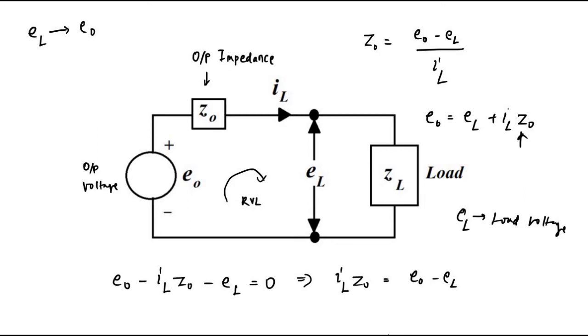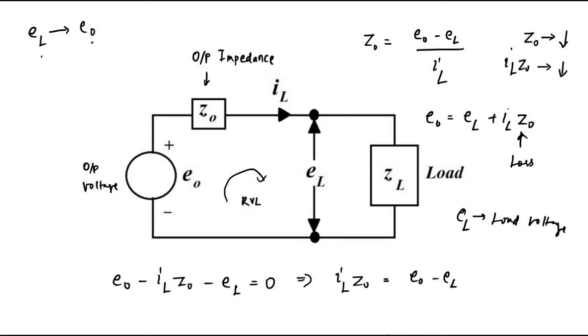This causes some loss, because of which the load voltage is different from the output voltage. So we have to minimize this loss. How can we minimize it? We have to minimize the voltage drop. If Z0 is low, then the IL Z0 drop will also be low, and the less the IL Z0 drop, the closer the load voltage is to the output voltage.